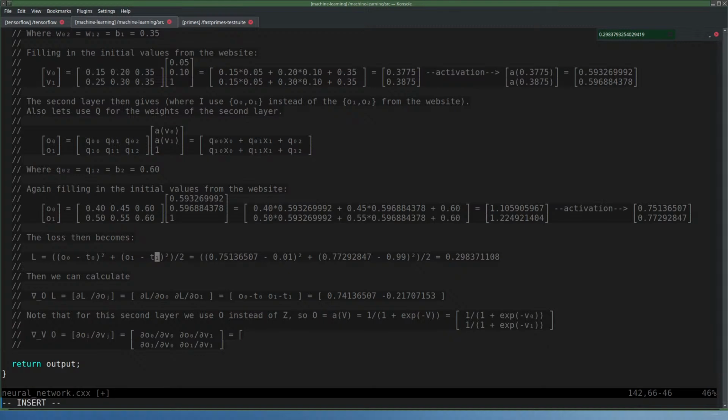So then what does this become? This becomes the derivative of O relative to V0, but O0. What the hell is O0? Here's O0, here's O0. Nah, what?